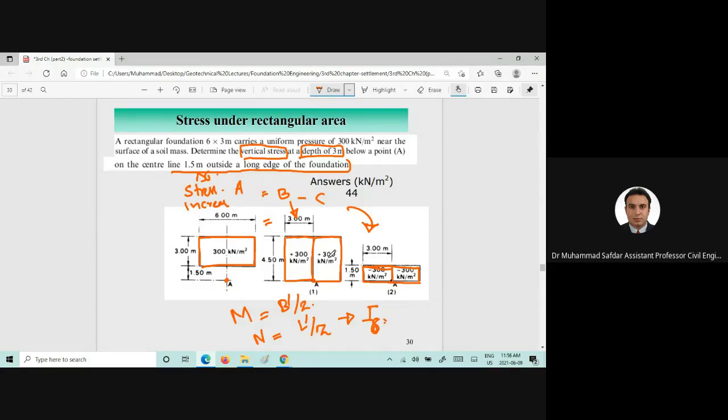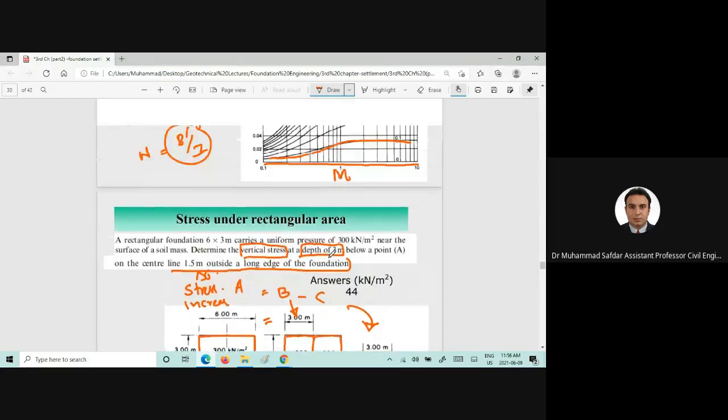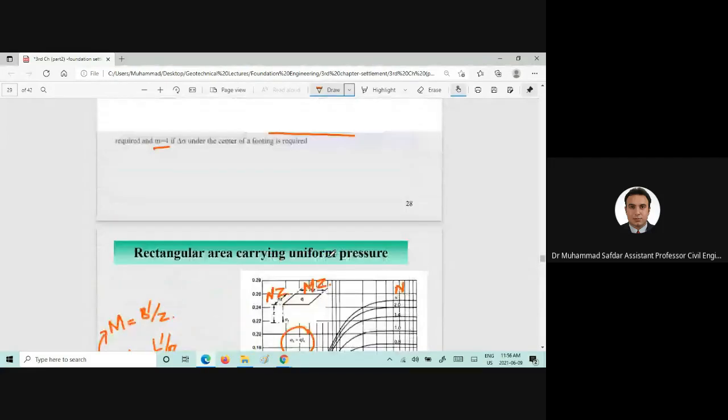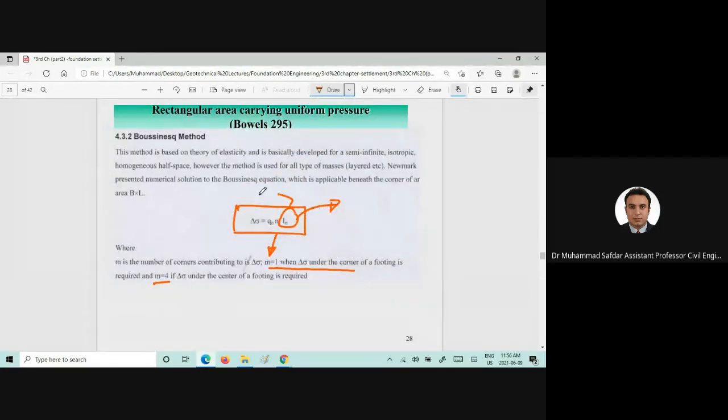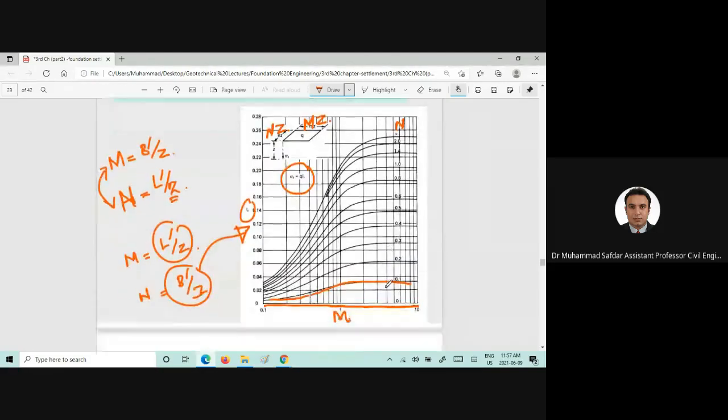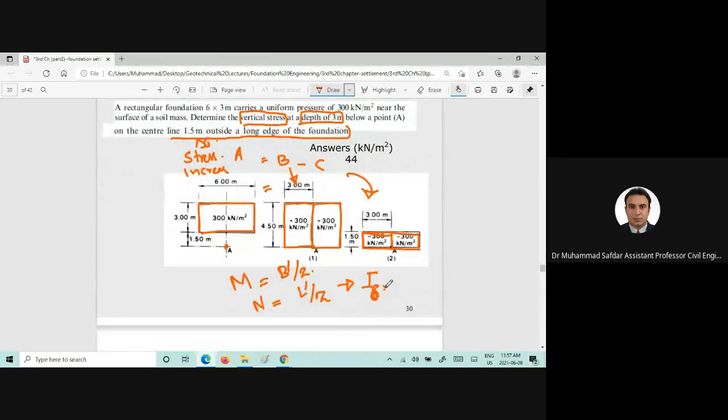Once we get I sigma we can use the Boussinesq coefficient here to find delta sigma. And if you want to find delta sigma 1, delta sigma 2 and delta sigma 3, it is obtained from the 1.5 meter which is away from the rectangular footing.